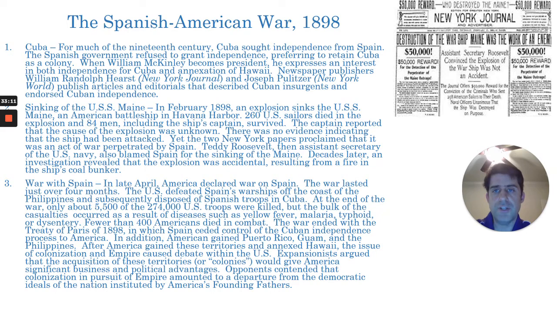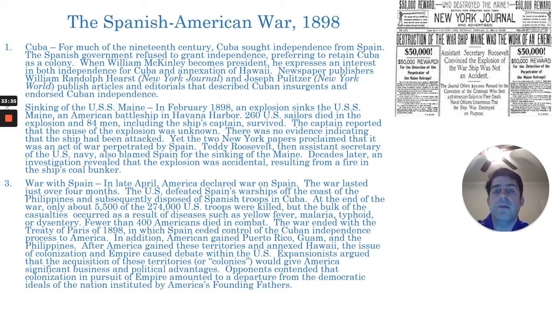It centered initially around Cuba. Cuba was a colony of Spain at this time, and for much of the 19th century, Cuba had sought independence from Spain. But the Spanish government refused to grant independence, preferring to retain Cuba as a colony.